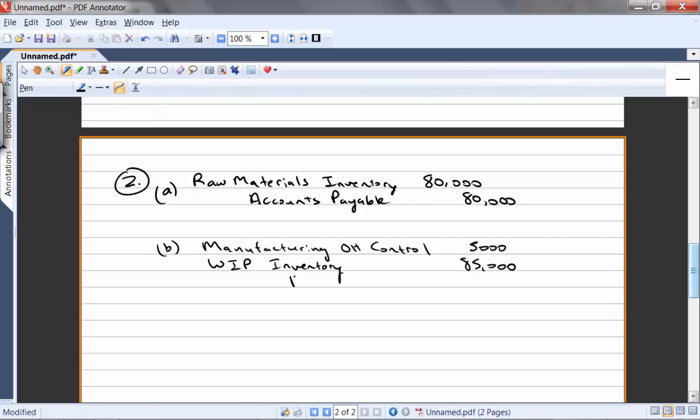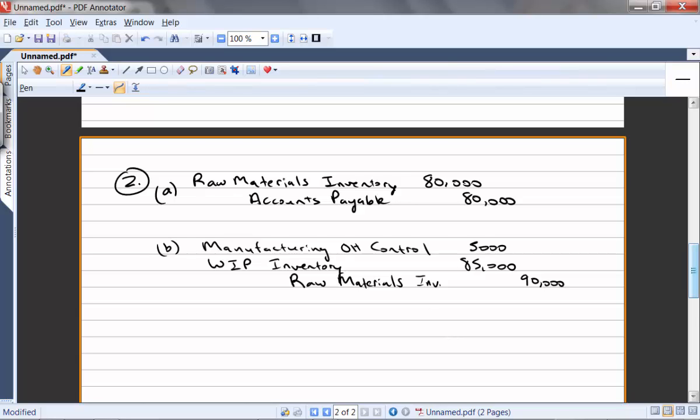And it came out of raw materials inventory, so we have to reduce the asset account. Work in process inventory is an asset, it goes up. Raw materials inventory is an asset, it goes down. Manufacturing overhead control, that's a control account. You can think of it as an asset/expense account.